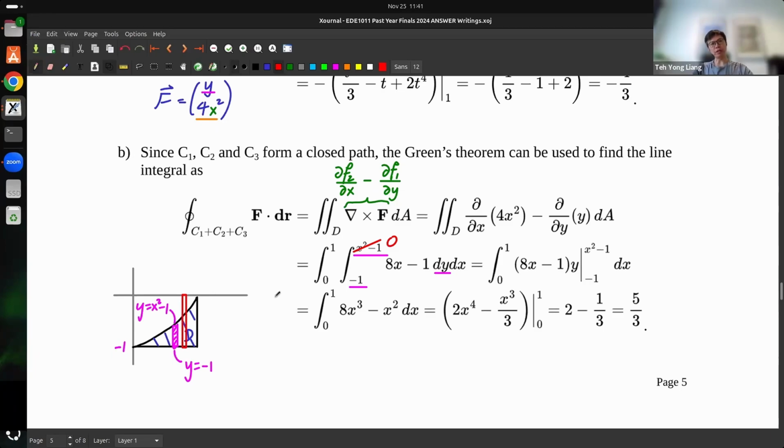So if this is your element and you sum from x equals to 0 to x equals to 1, you are going to get this rectangle. You understand? Okay. So therefore the upper bound must be bounded by this curve, x squared minus 1. Because then what is going to happen is that when x equals to 0, it's going to be a very short element.